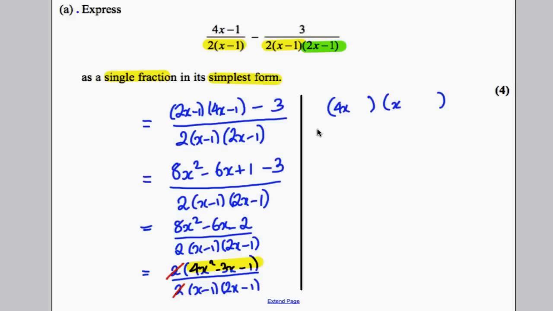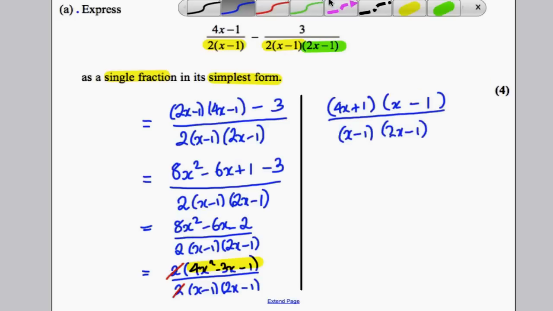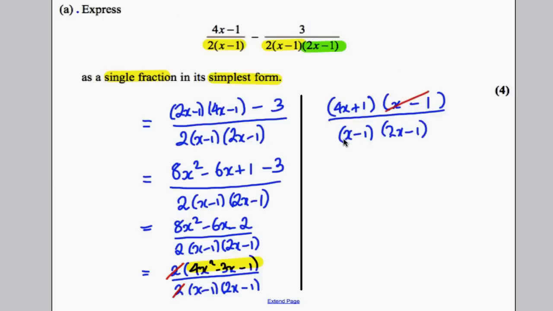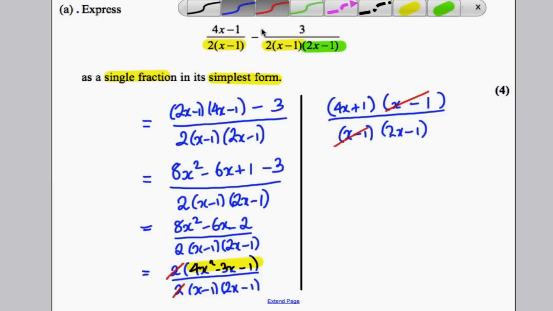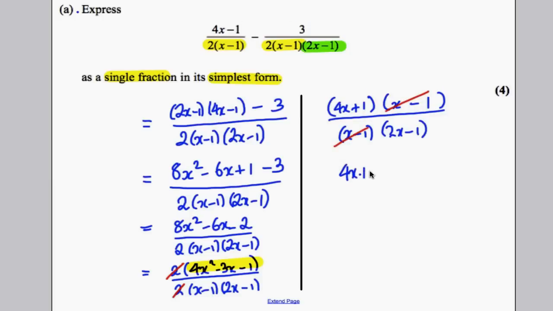With a bit of thought, you should be able to subtract 1 plus 1. The top factorises as follows, and on the bottom we have x subtract 1, 2x subtract 1. And oh look, what a surprise, the x minus 1 cancels, and you have yourself 4x plus 1 over 2x subtract 1, and there is the single fraction you are after.